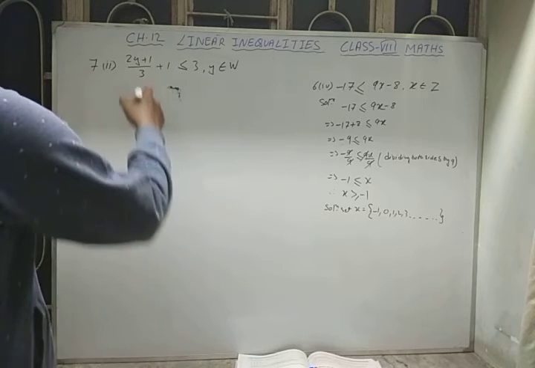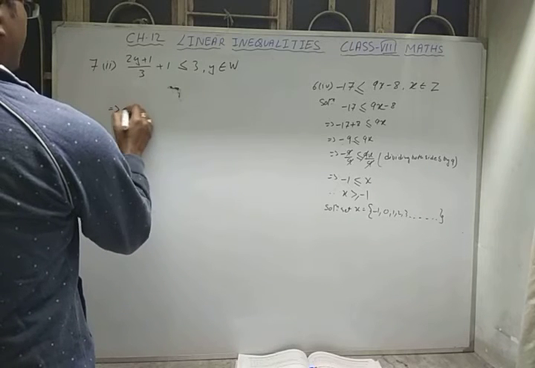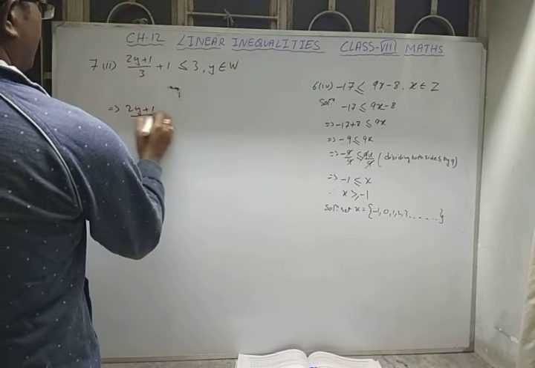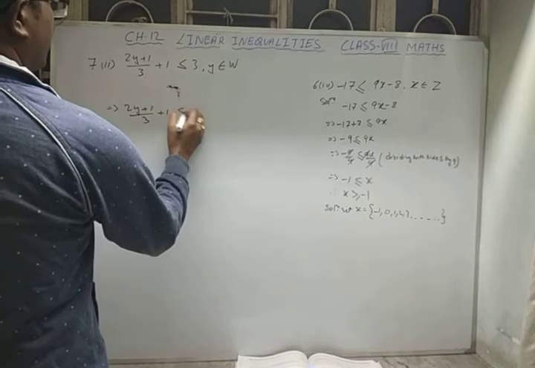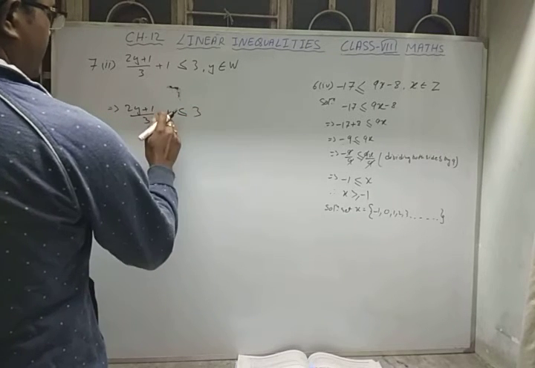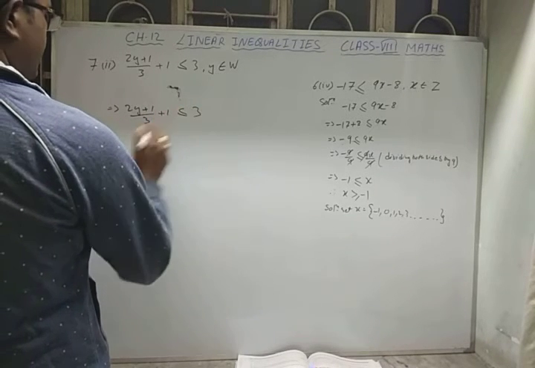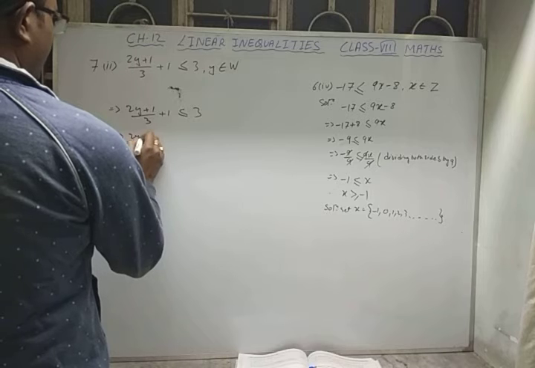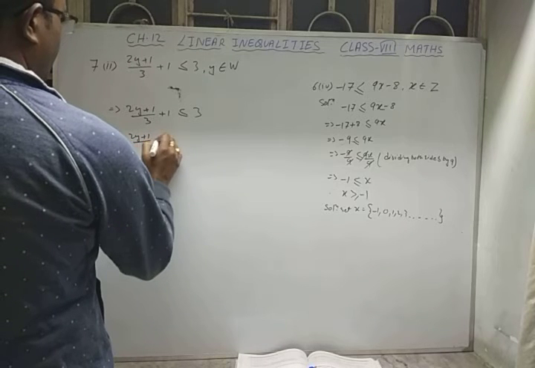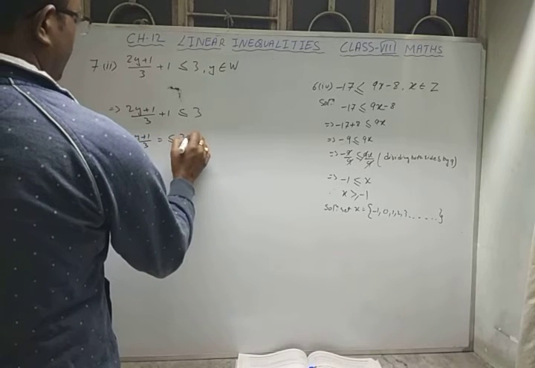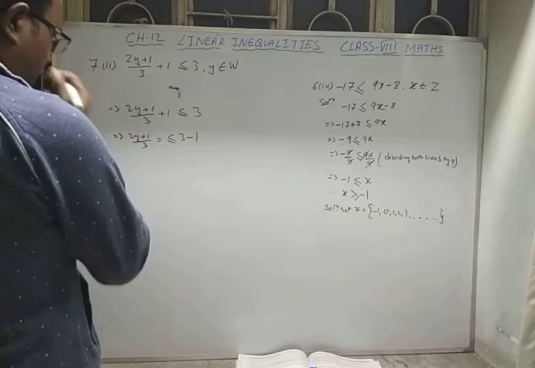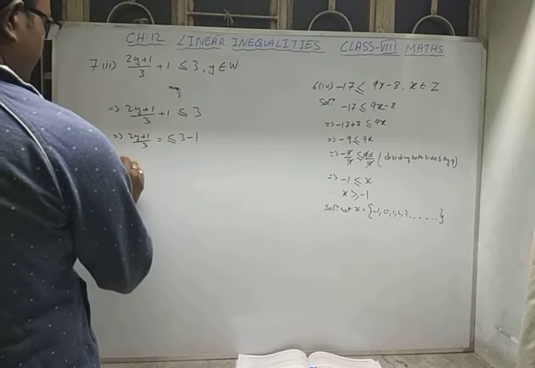So again we have to write the equation first. So we will write (2y + 1)/3 + 1 ≤ 3. First of all we take this 1 to the right hand side. So (2y + 1)/3 = 3 - 1. Now we will take 3 to the right hand side.